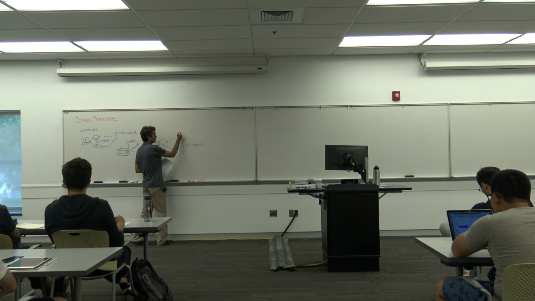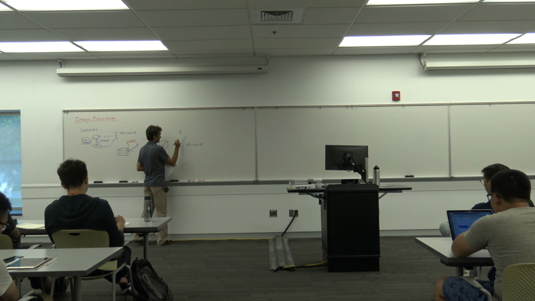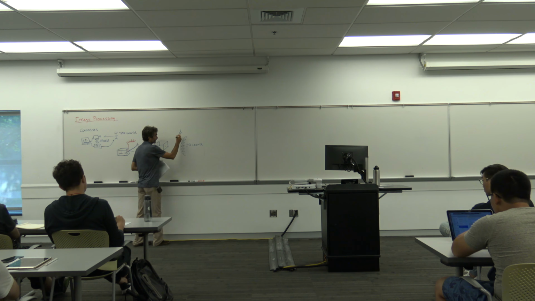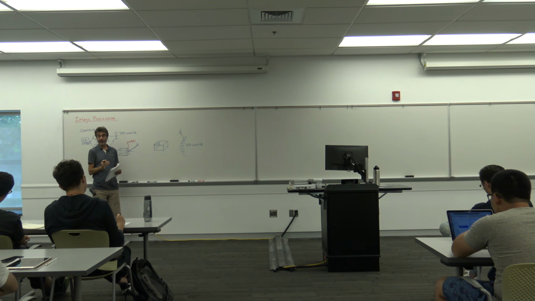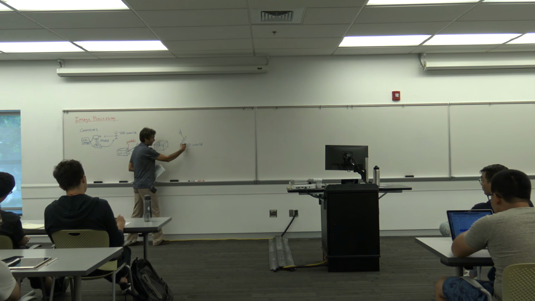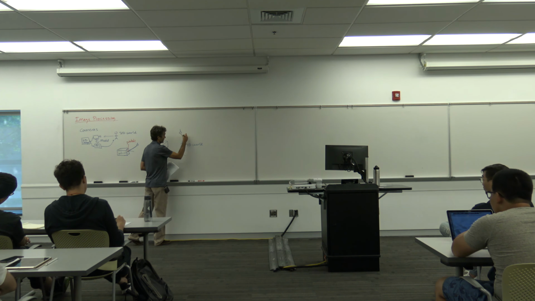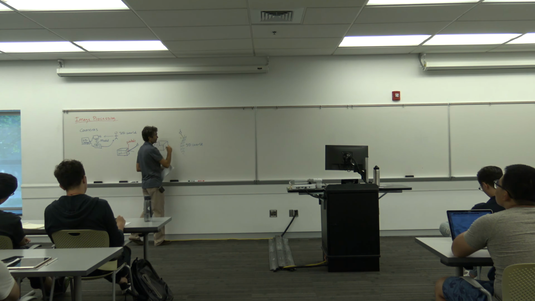Now, if I have a light source, say here, this light source emits rays of light in, say, this direction. That light hits the surface of a 3D object, and then it gets scattered, as we'll see, in many directions.